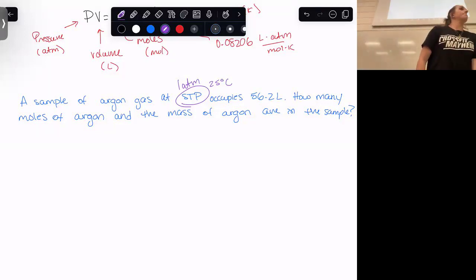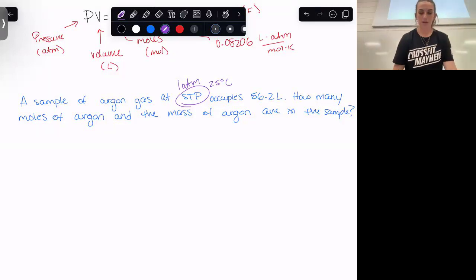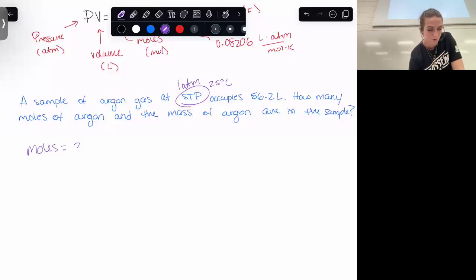Say your question again. Don't we just divide the 56, or the, yeah, 56.2. Close. So when we get moles equal to 2.30, right? This is in moles. What's our unit on our periodic table?